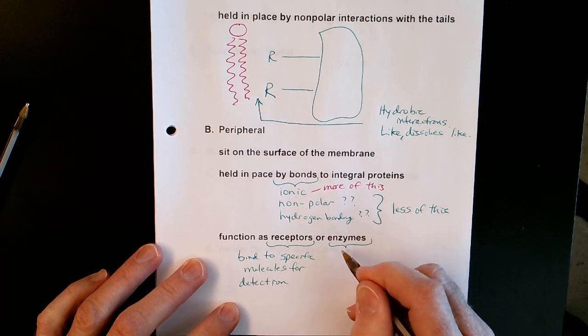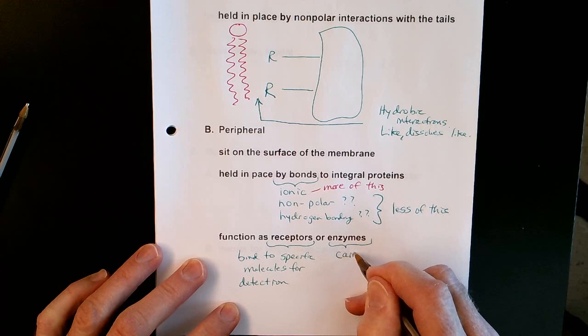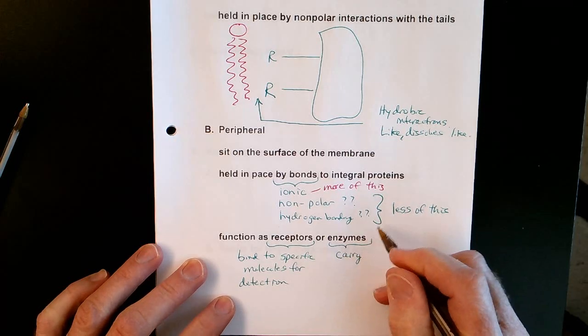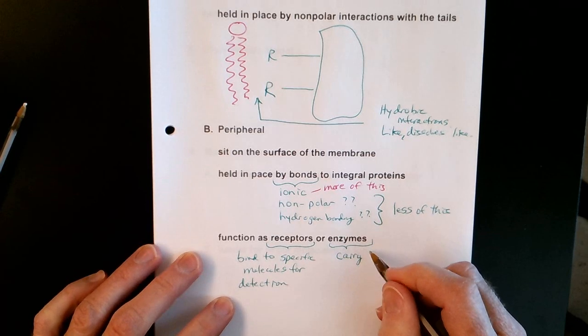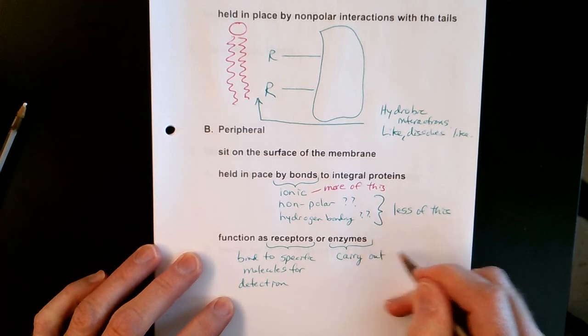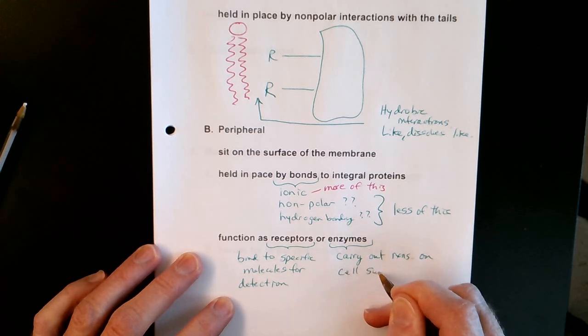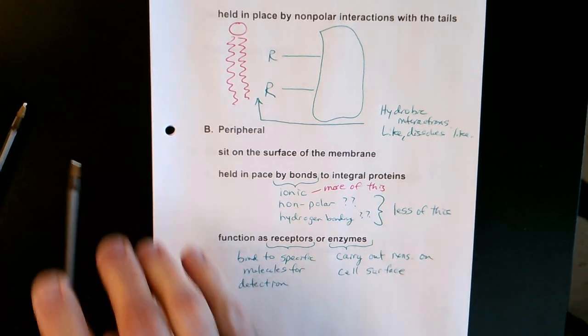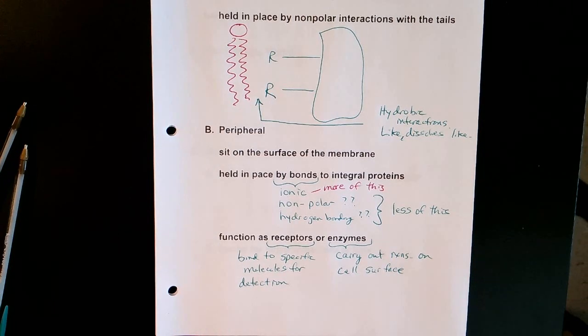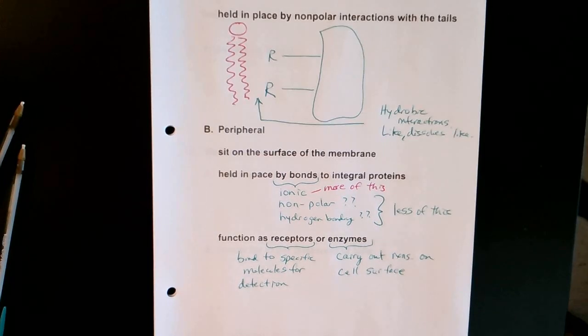Enzymes, the proteins that look like this, if they're enzymes on the surface of the cell, they're going to carry out reactions right on the cell surface. And that's good because some things need to be broken down before they enter the cell.